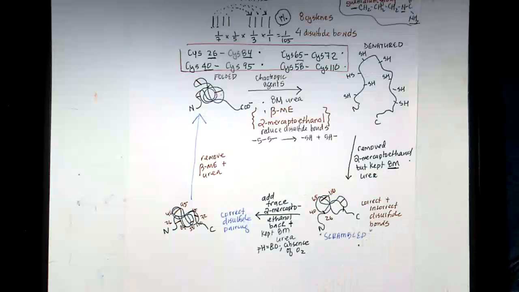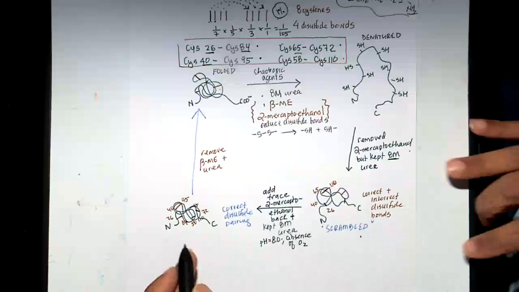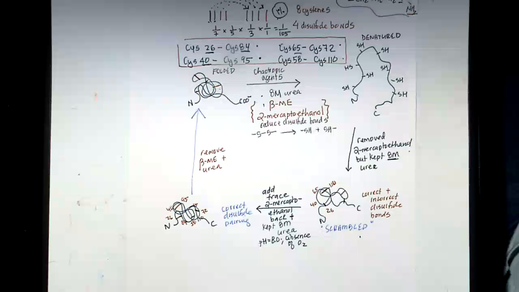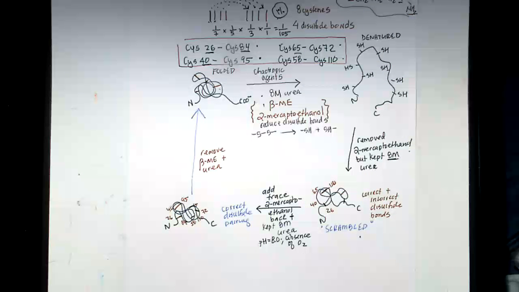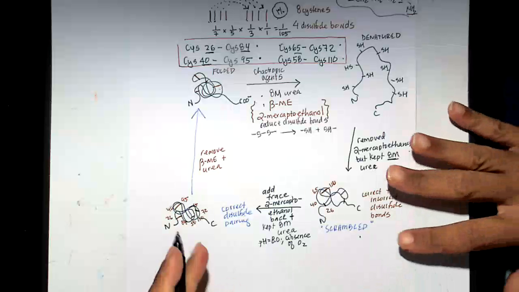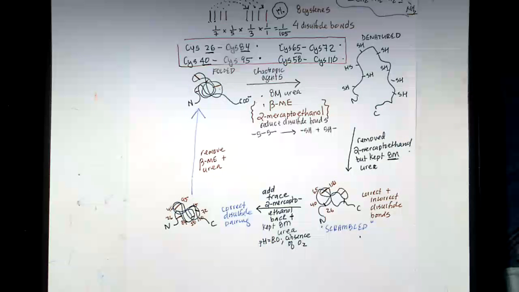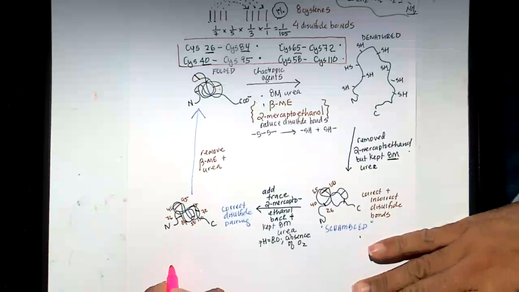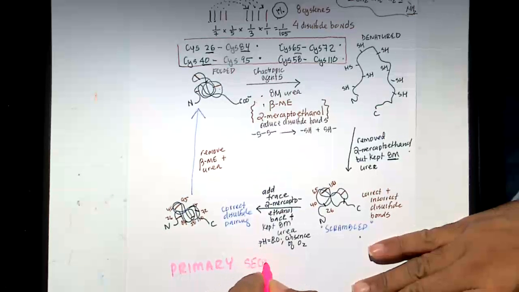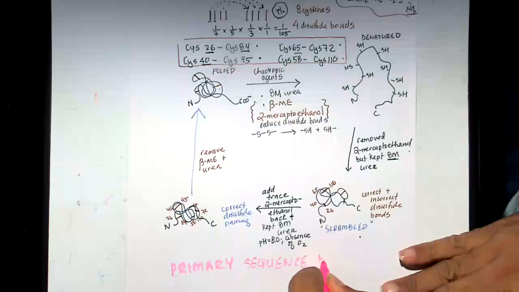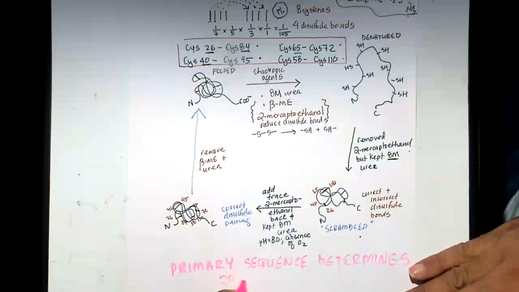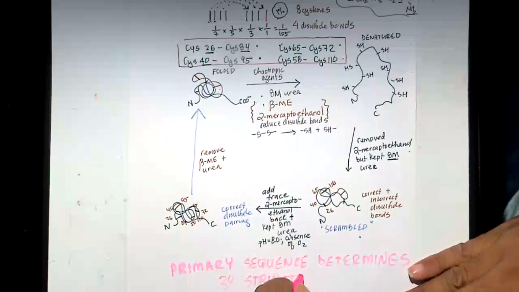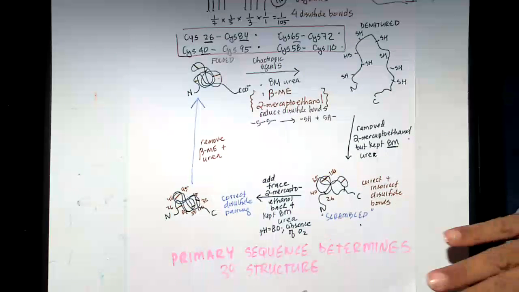And back then, that was a big deal. Remember, we're talking about 1957. Primary sequence determines tertiary structure. If you didn't understand all of this, you want to just know this: primary sequence determines the tertiary structure of a protein.